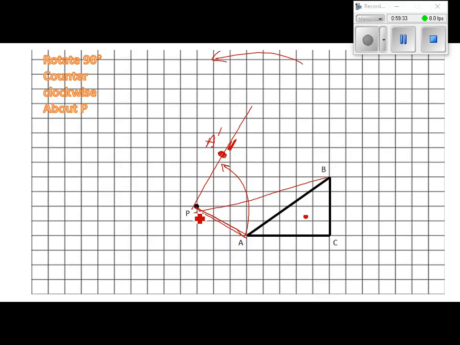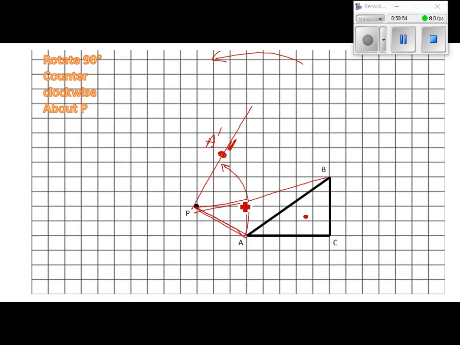From P to A. That's how far I want it to be. A prime is going to fall on that line that far up. Does that have to be exact? Not really. I gave you the protractor so we could try to be exact, but we're not going to worry too much about it.